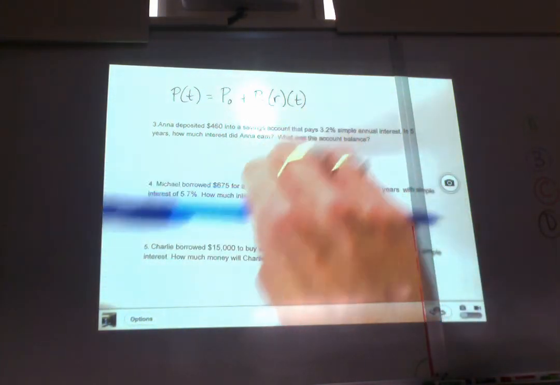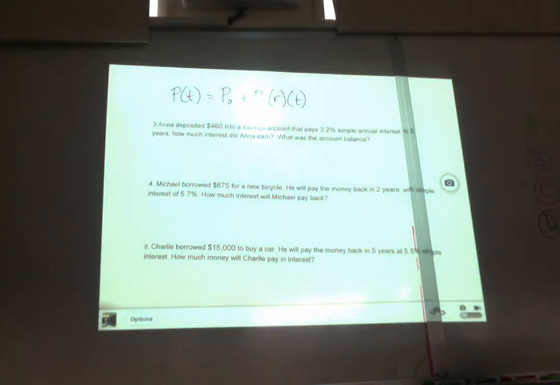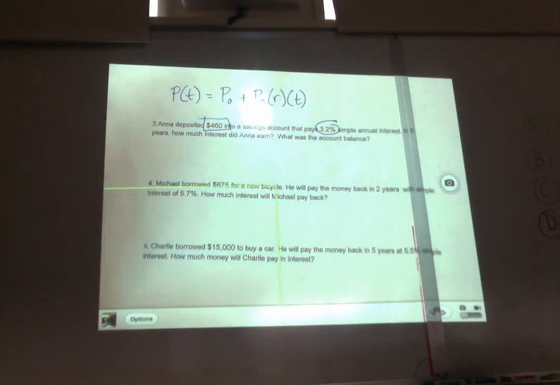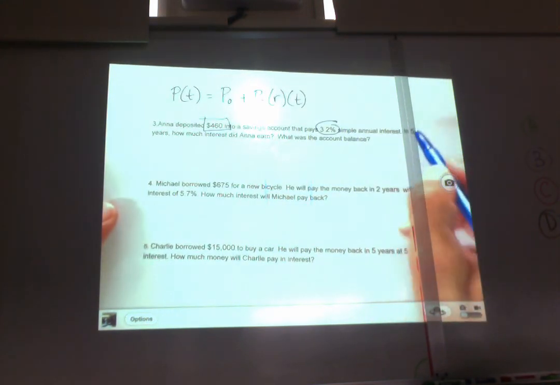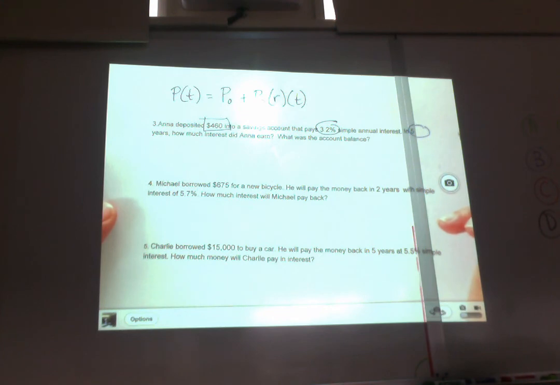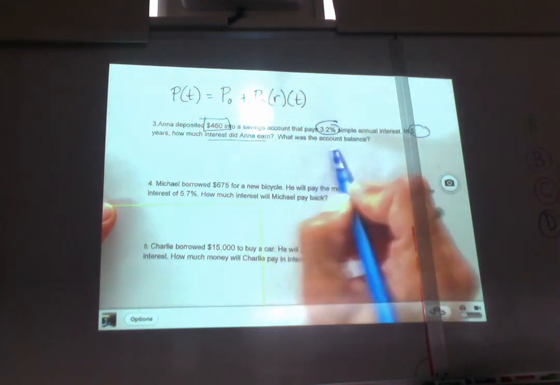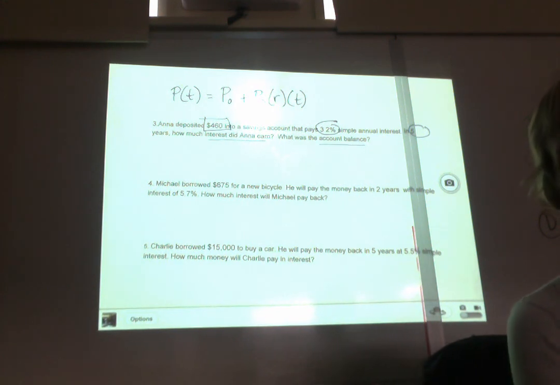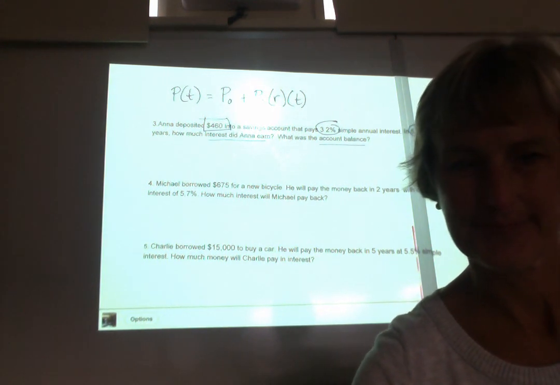I'm going to let you loose on these. You've got a couple of different deals going on. Read carefully. Circle, box things. Figure out what's going on. Figure out the years. And decide what the question is. There are 2 questions there. I'll be walking around to help people out. Are we doing compound interest?